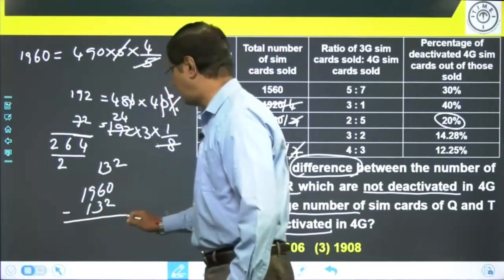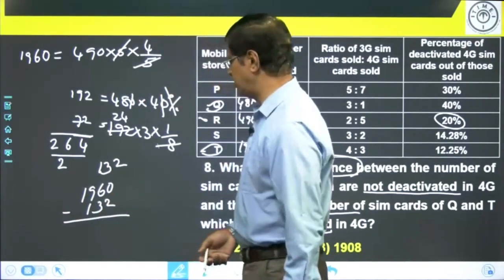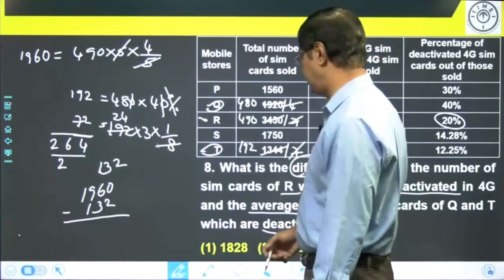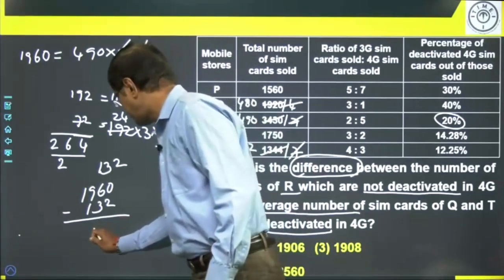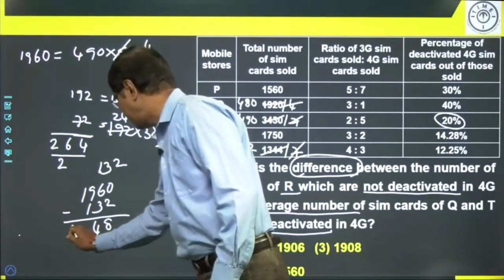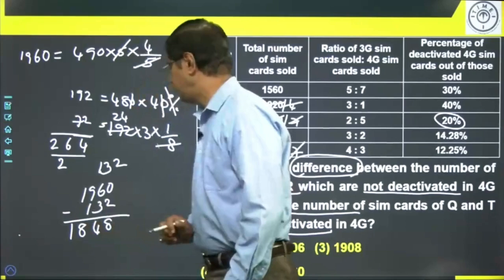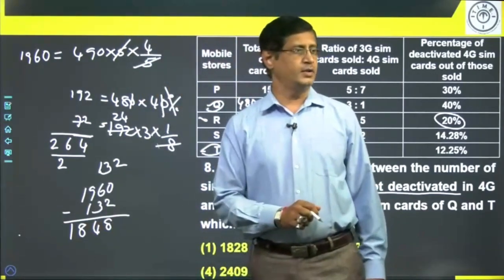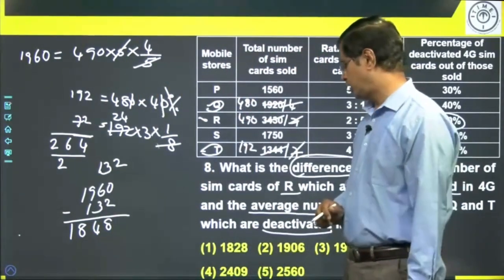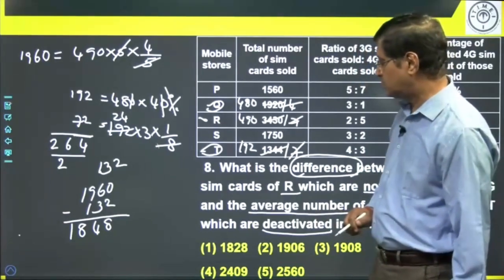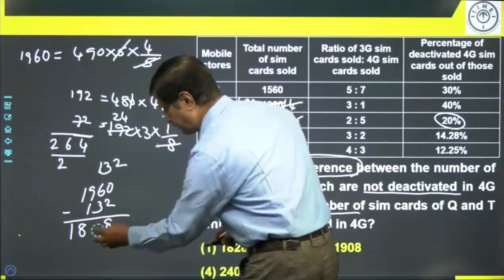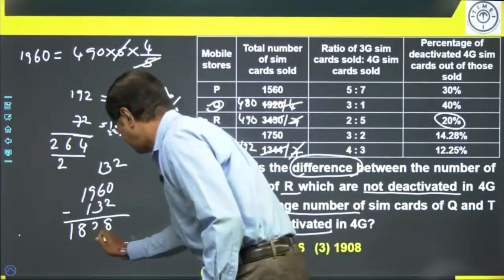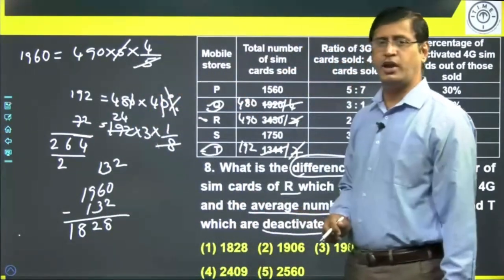Simplify this. Now 60 minus 32, the result is 28. And 19 minus 1, that is 18. So 1828. Sorry, I said 1848 earlier, but it is 1828.